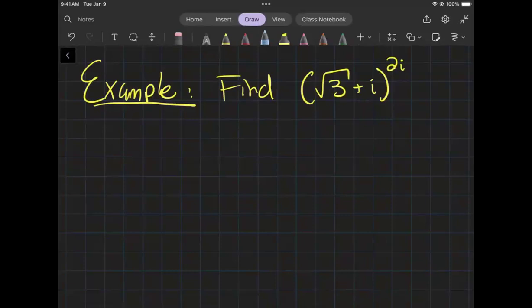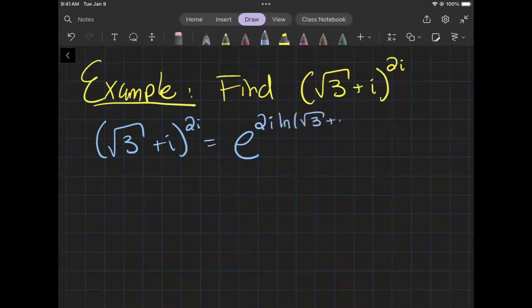By definition, root 3 plus i raised to the 2i is equal to e raised to 2i times the lowercase natural log of root 3 plus i. Let's look at how to compute this exponent.